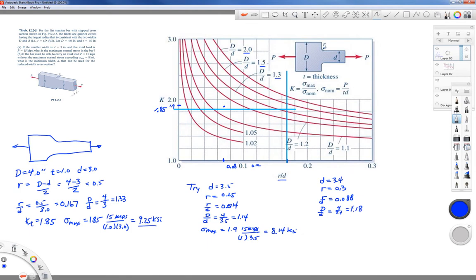And so now we go to 0.088, which is pretty close to 0.09, which is about there. And then up to find just under the 1.2 line. This was the 1.2 line. So it's just a little bit higher than 1.9, maybe 1.92.